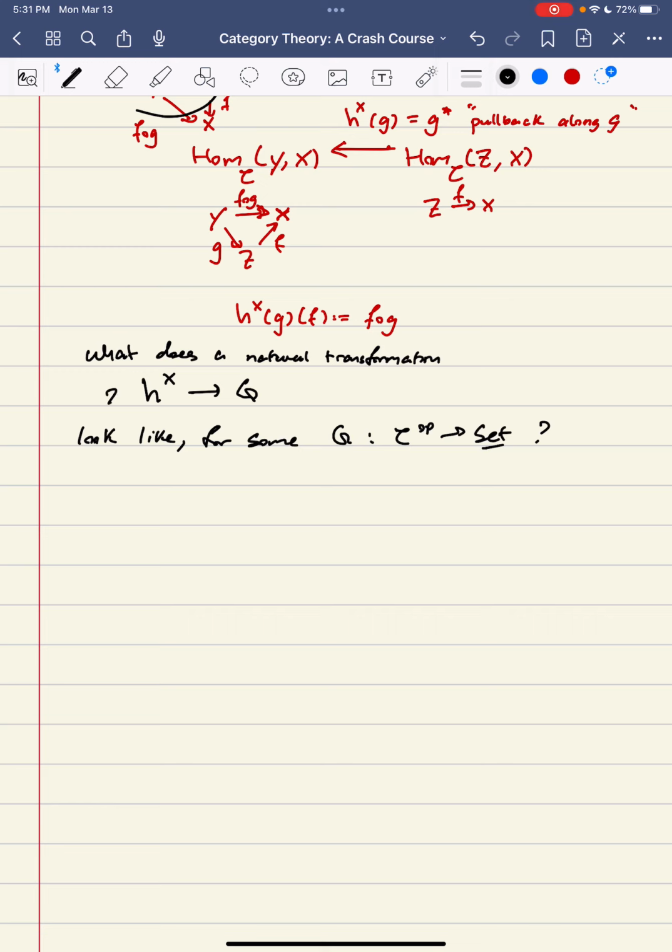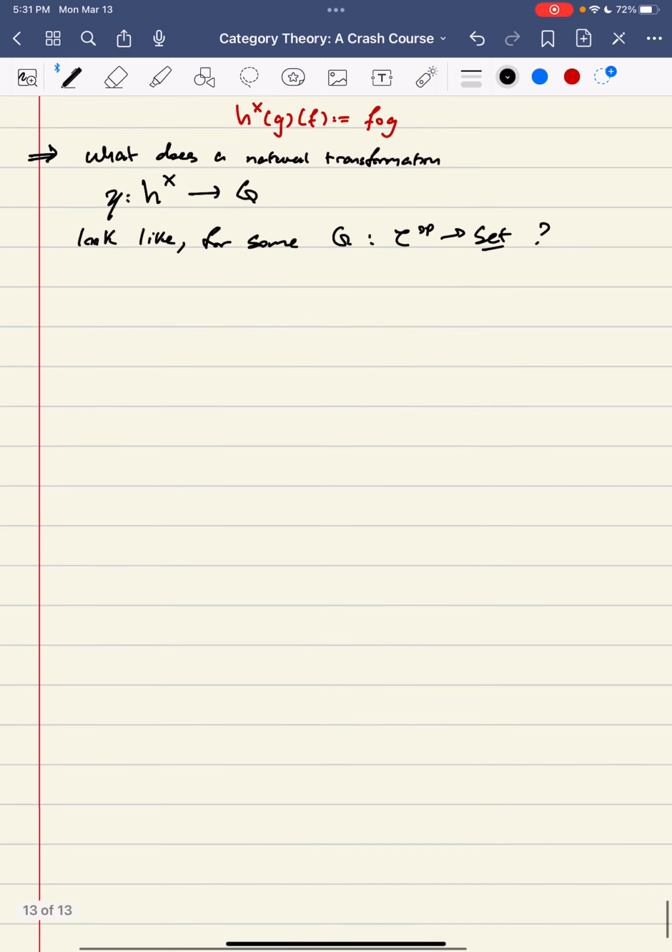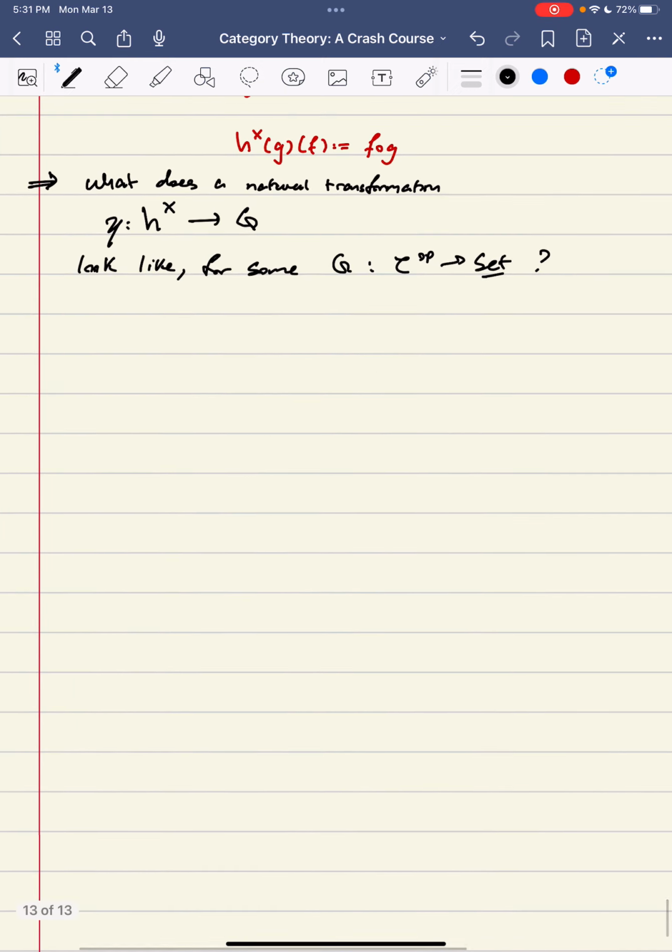I'll call that eta. So this is sort of the central question that the Yoneda lemma answers. This is the context of the Yoneda lemma.